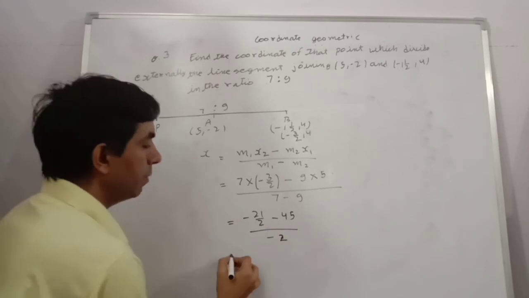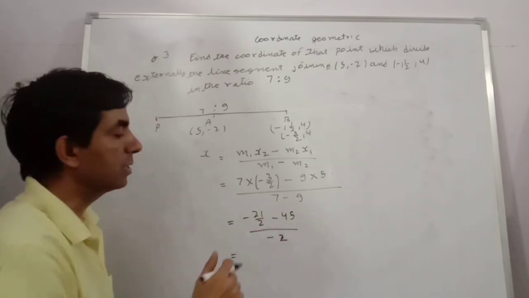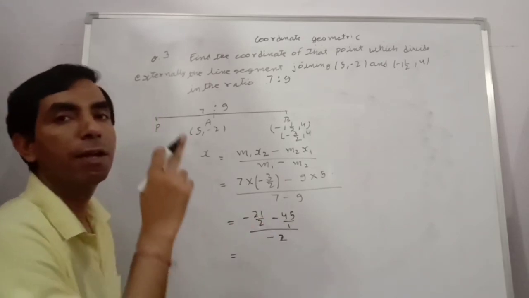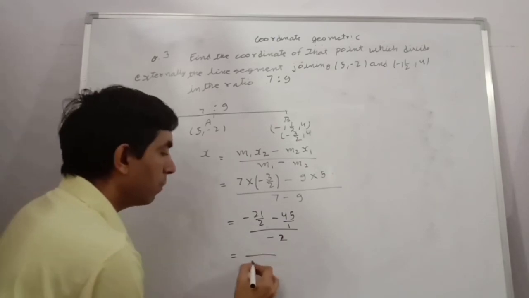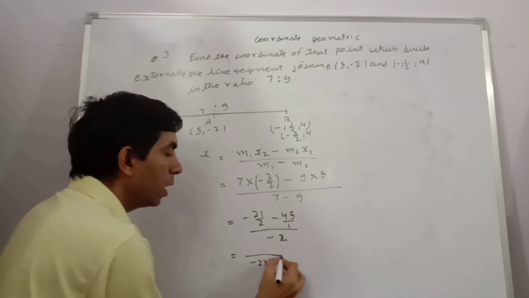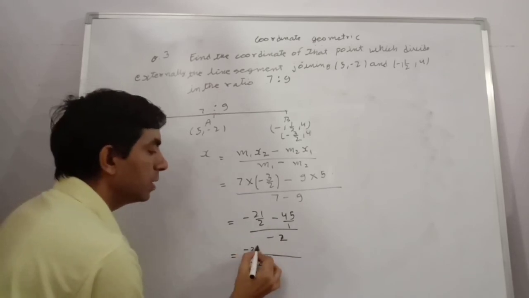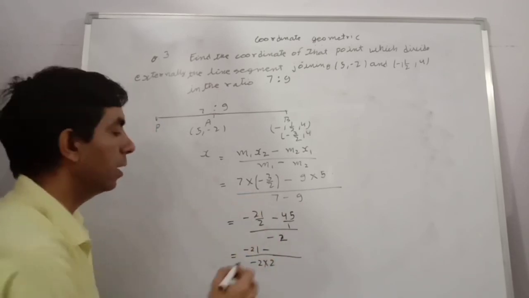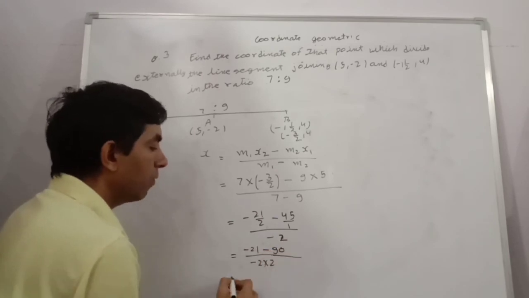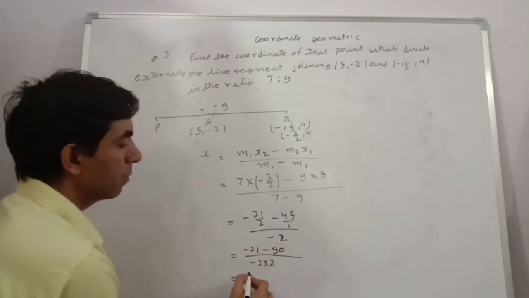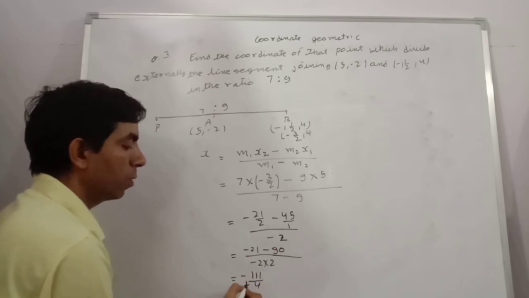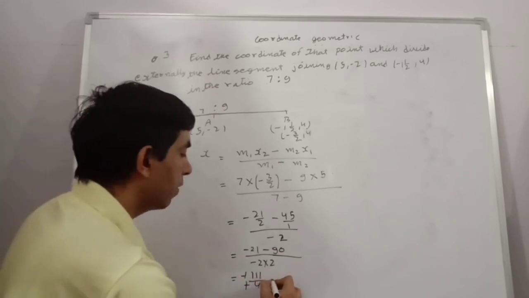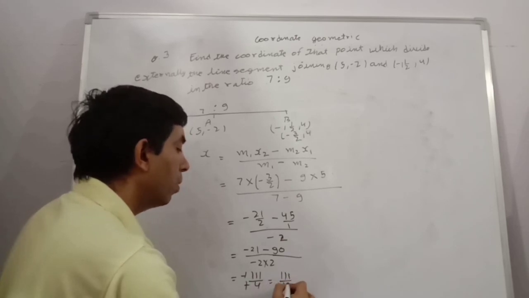Now we take the LCM. If we take LCM 2, it goes to the denominator, -2 multiplied by 2, and in the numerator -21 is as it is, -45 times 2 is 90. After solving it, we get -111/4 upon -4... the minus will be cancelled, then our answer is 111/4.